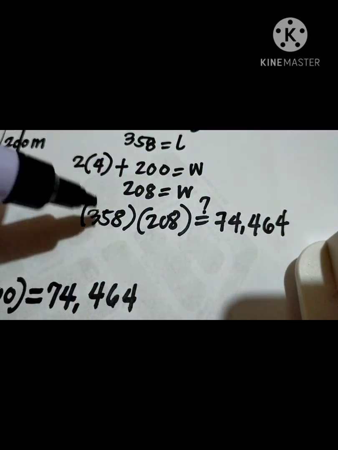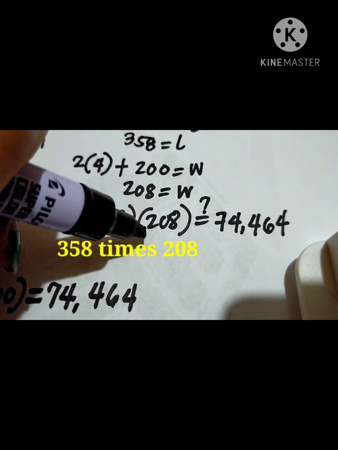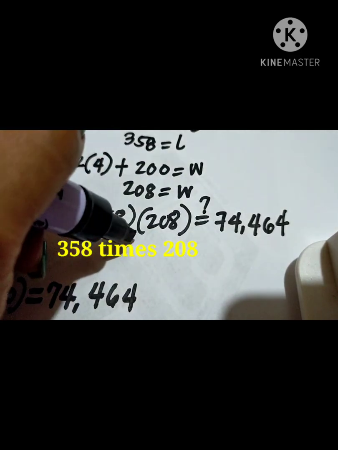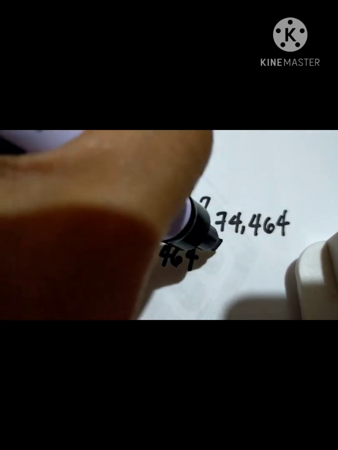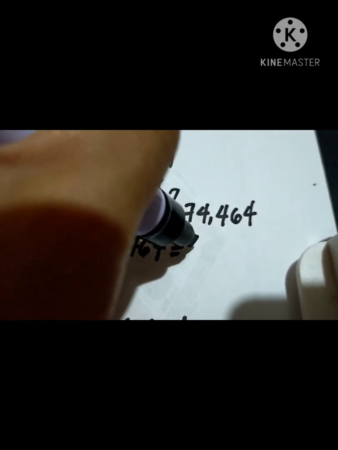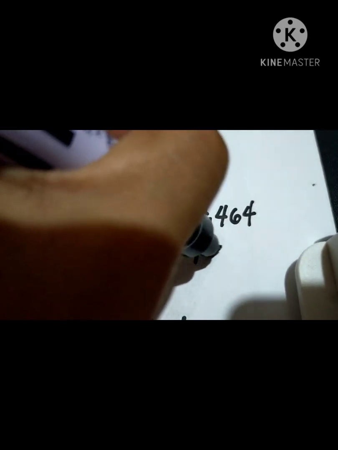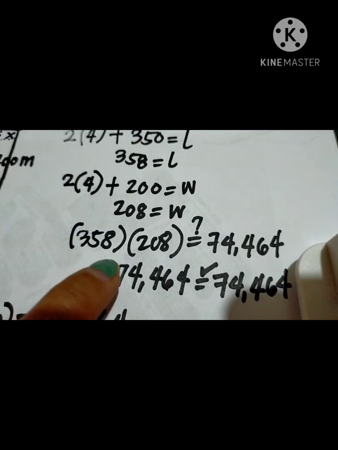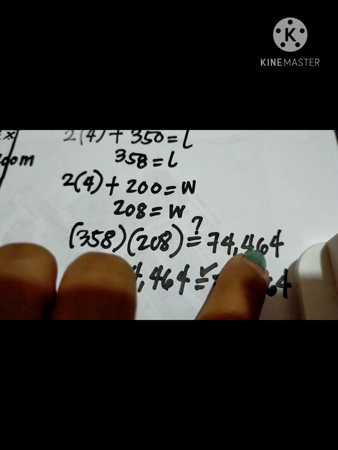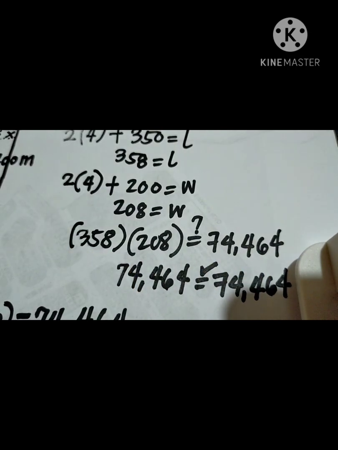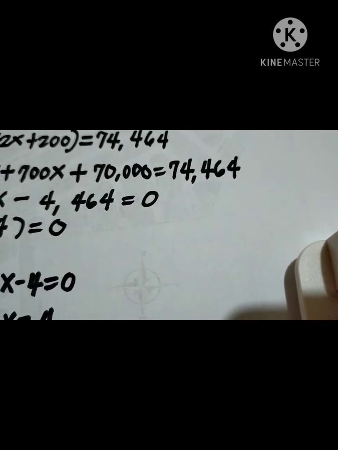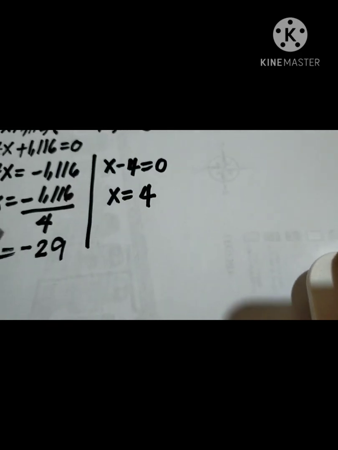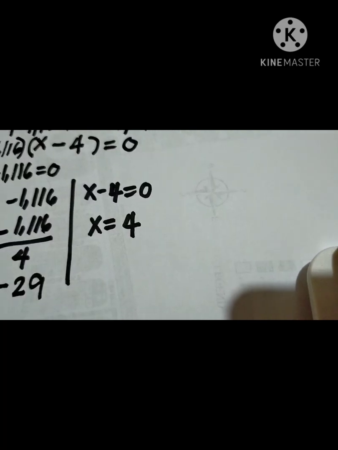And yes, it is actually equal to 74,464. So they are equal. Since it makes the equation true, therefore we can conclude that the measure of the width is equal to 4 meters.